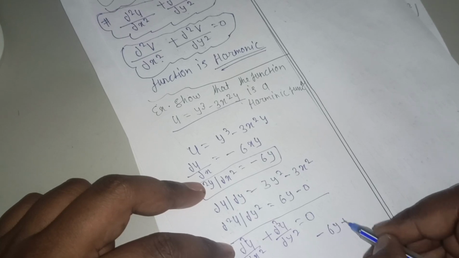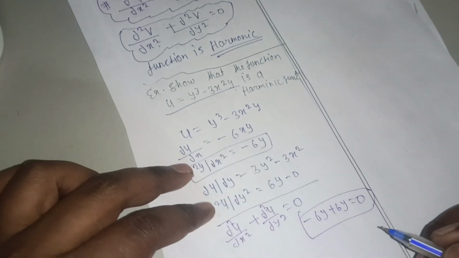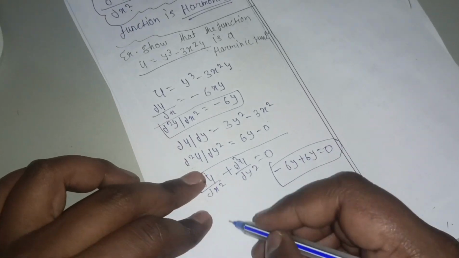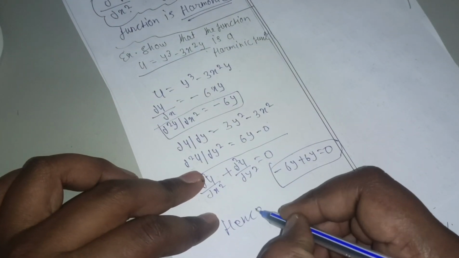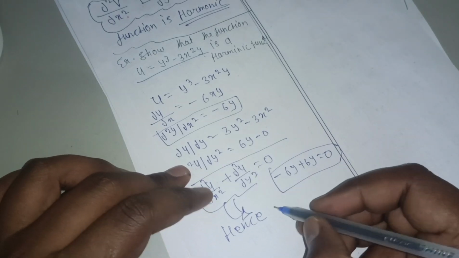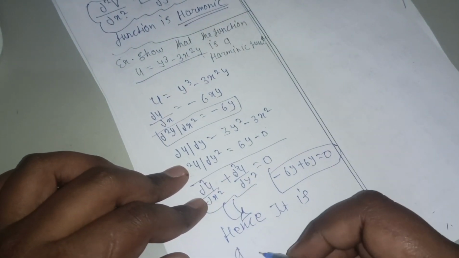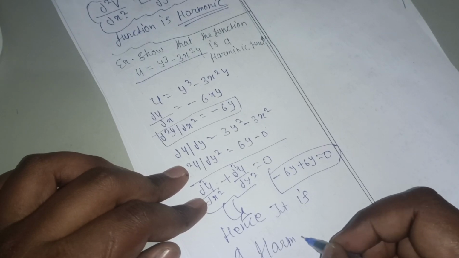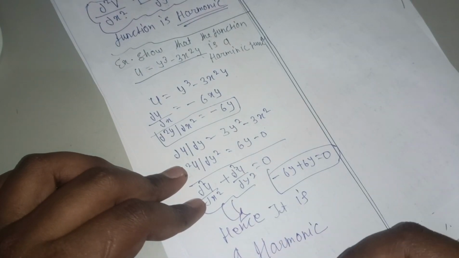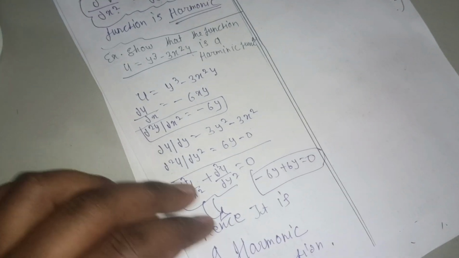Minus 6y plus 6y is equal to 0. Okay. So hence we have proved it. Hence it is a harmonic function.